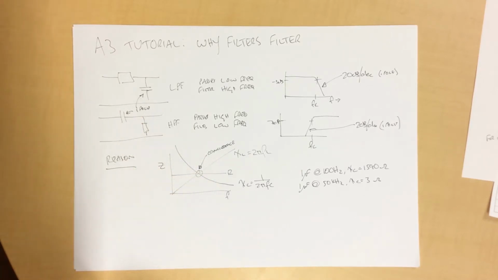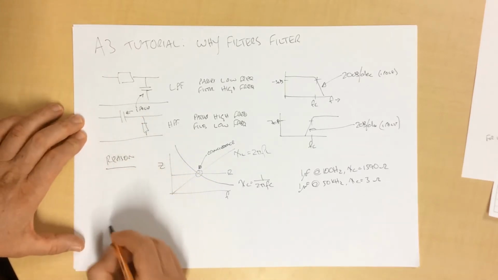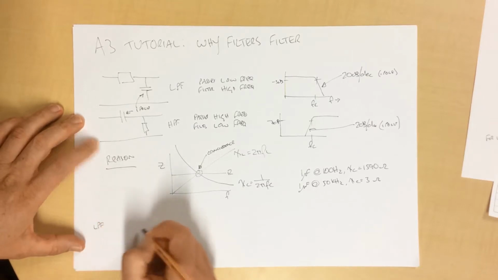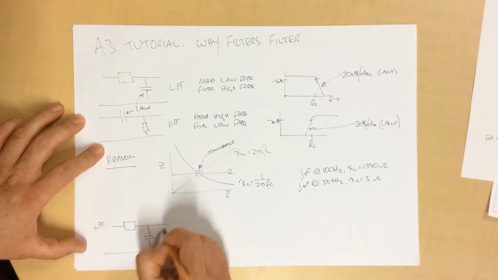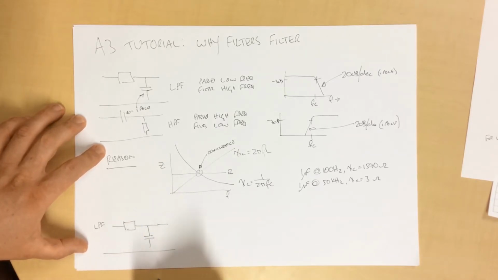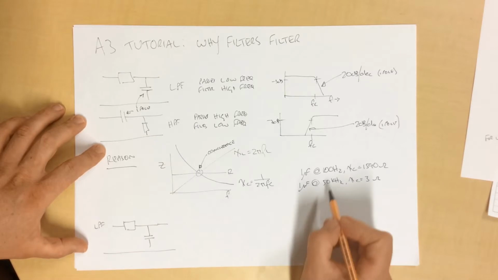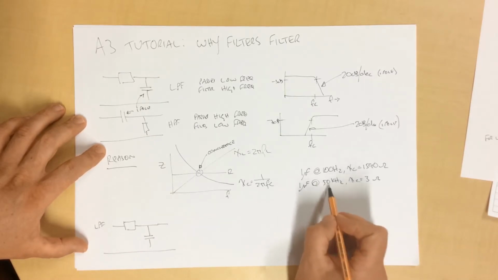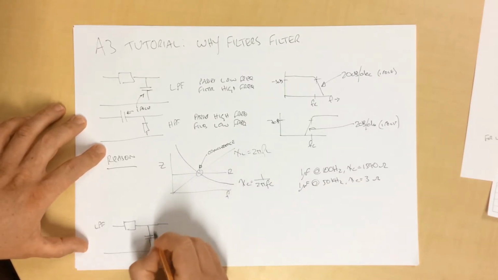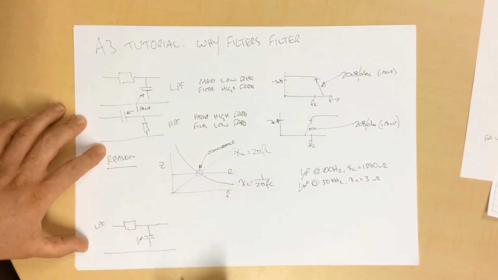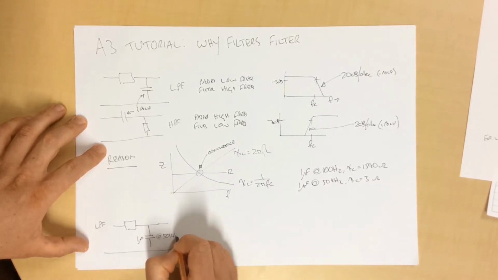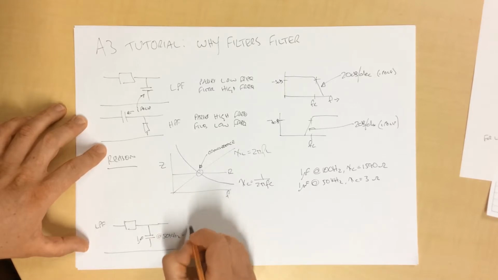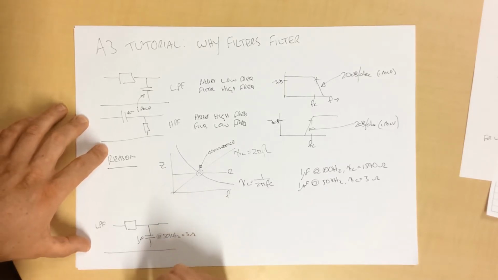We come back to our diagrams here, and we can see that if we look at the low-pass filter, for high frequencies, 50 kilohertz in this particular example, if this is a 1 microfarad capacitor, at 50 kilohertz the impedance of this capacitor is a mere 3 ohms.